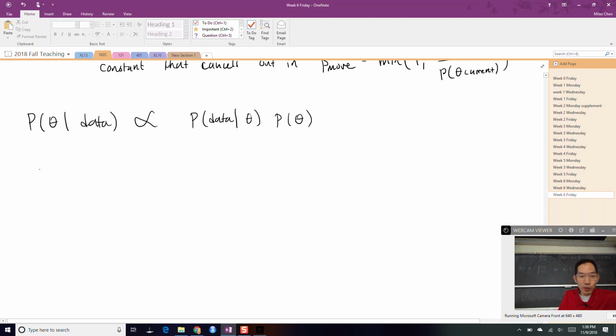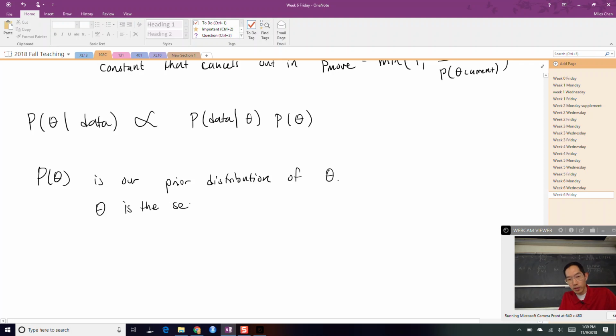All right, what is the probability of theta? Probability of theta is our prior distribution, the prior distribution of theta. Okay, theta represents the letter mappings, right? Theta is the secret letter mapping. What do you think would make sense for a prior distribution for theta?